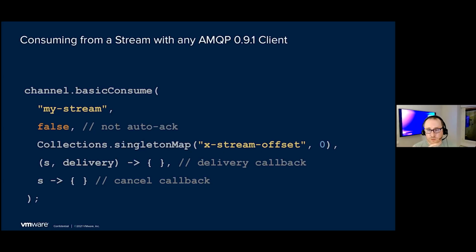So here, this is at the beginning. And then this is the same thing as usual. You provide a callback for incoming messages. So this is quite a nice model because we have this new feature and we can use it with the same client libraries. It's just we have to know about the semantics, which are quite different from traditional queues.